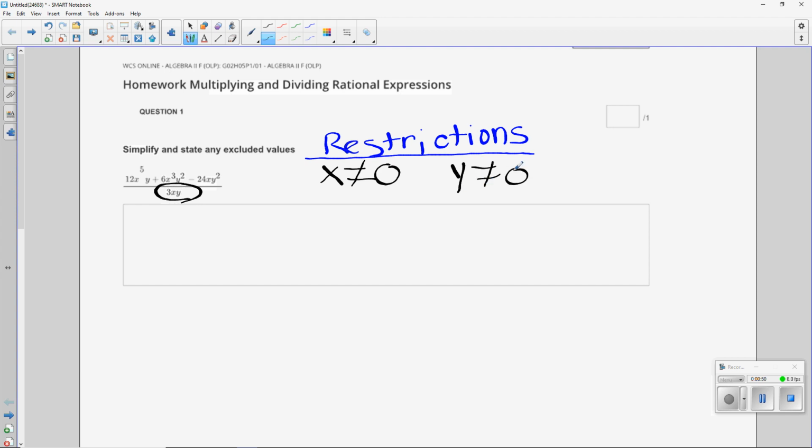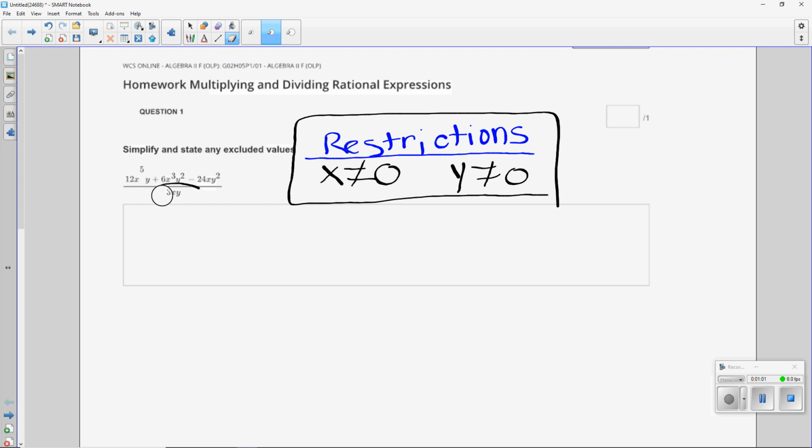So our two variables at the bottom in this problem are x and y. Neither one of those can equal 0 because, of course, if they were, we would be dividing by 0, and that gives us an undefined answer. So the restrictions part is done.